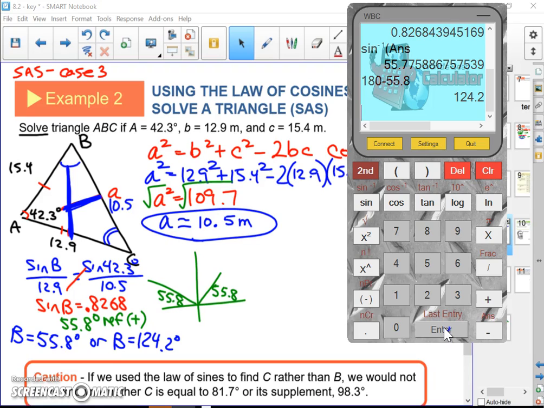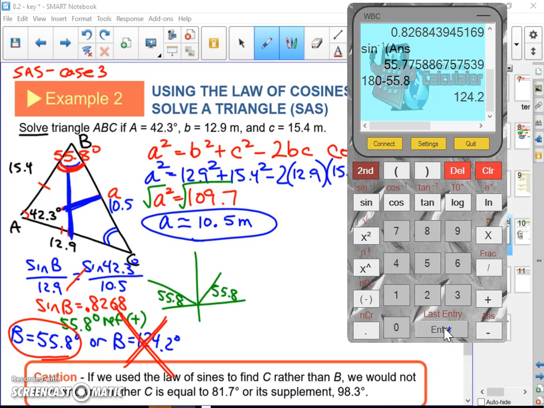And so there's this contradiction, meaning that this can't possibly work. That angle B can't be the biggest angle in the triangle because we chose it that way. And so when we're doing law of sines this way, we won't even really need to look at that second one because that's never going to be the case. And so here we are. Angle B is equal to 55.8 degrees.